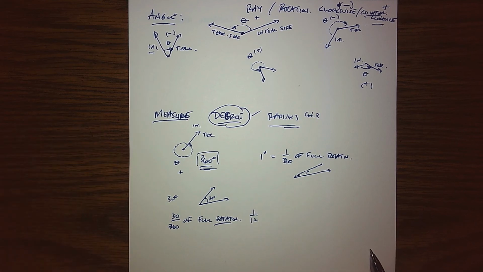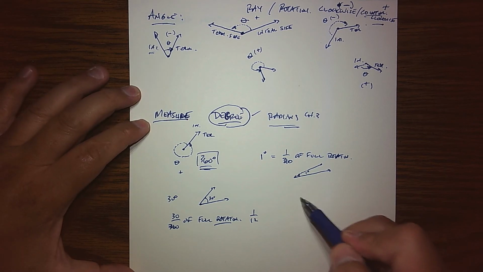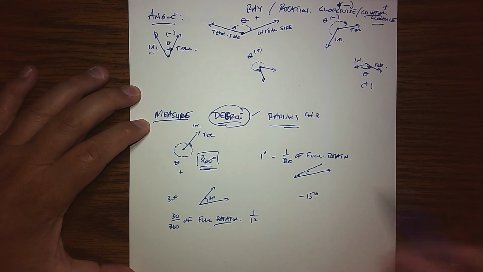So it's 1/12 of a full rotation for that, 30 degrees, and so forth and so on. Of course, we can rotate negatively. If I had a negative 15 degrees, then that means I would basically take my initial ray, I would rotate in a clockwise way, and so we're representing 15 over 360ths of a rotation. So maybe it's roughly about there. So there would be negative 15 degrees.